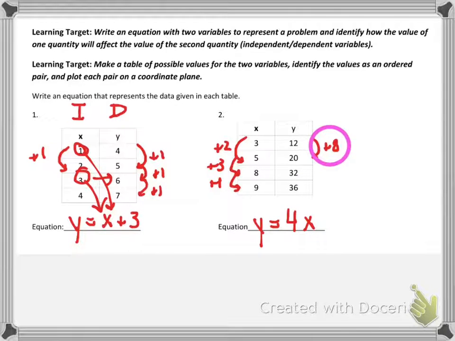If I plug that 3 in for that x, then I get 4 times 3 is 12, and that's what I want it to be. If I plug that 5 in, then I get 4 times 5 is 20, and yeah, that's what I want it to be. So that's my equation.